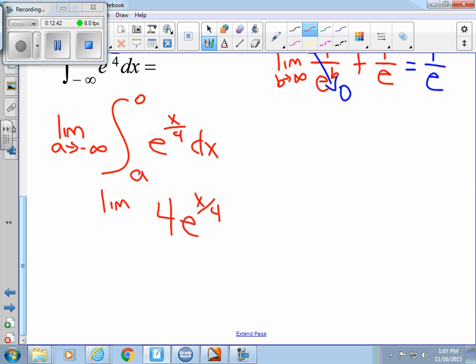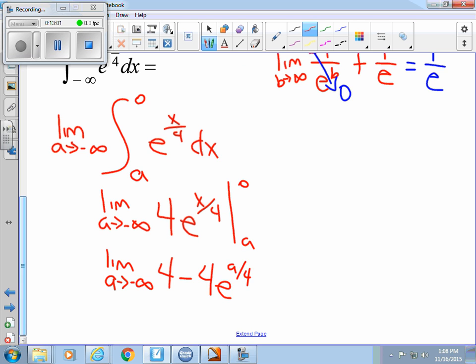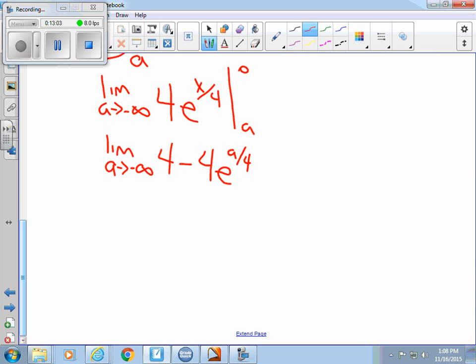So the limit as a approaches negative infinity, from a to 0. If I plug in 0, what's e to the 0 power? 1. So I get 4 minus 4e to the a over 4. Okay, and now what happens? I plug in what the negative infinity would do.